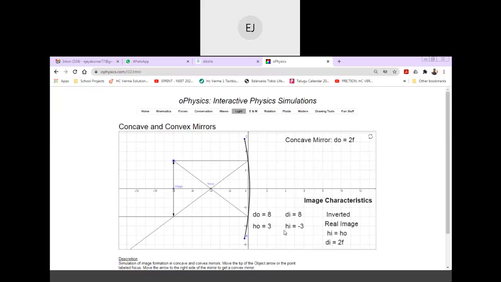Here HO is 3, HI is minus 3. Why? Because it is inverted. For height of the object and height of the image, they have shown the convention, but for object distance and image distance, they have not used it.